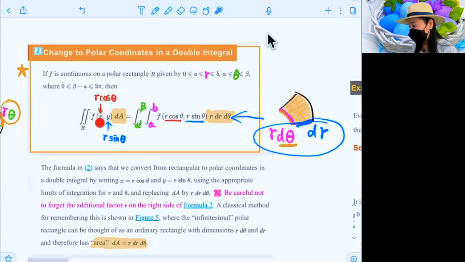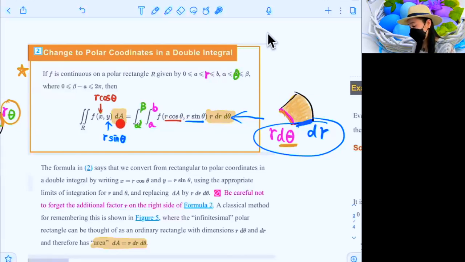So remember, x is r cosine theta, y is r sine theta, and then the dA over here, think about that as a small change in the area there. Replace this by r dr d theta. R d theta, think about it as the length of this arc, and then dr here, think about it like that, as kind of like a rectangle.